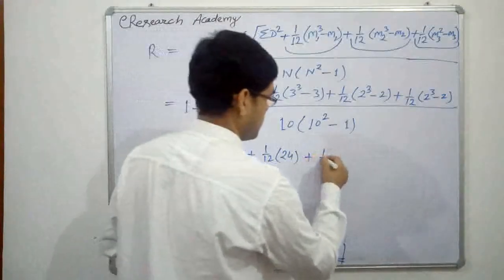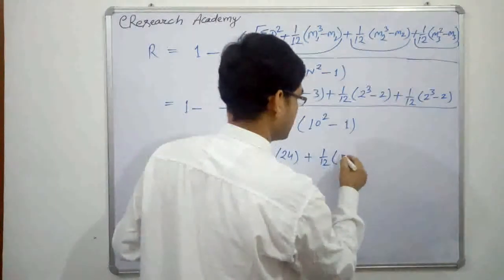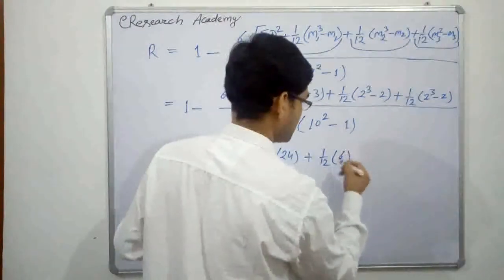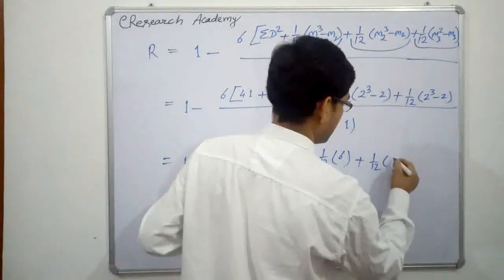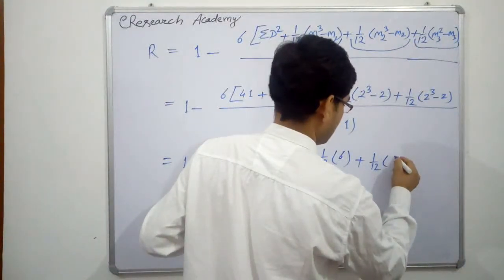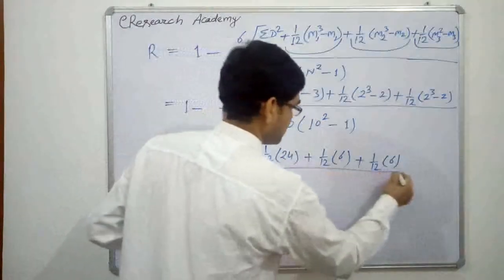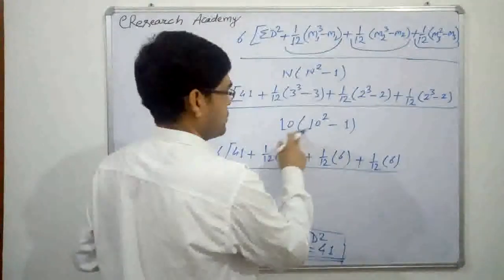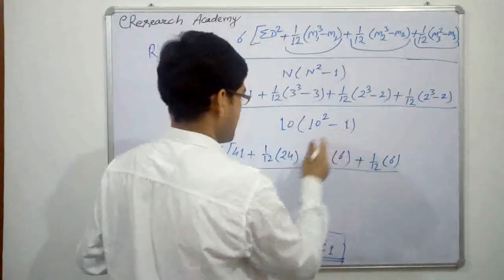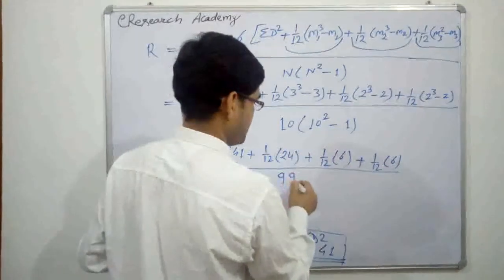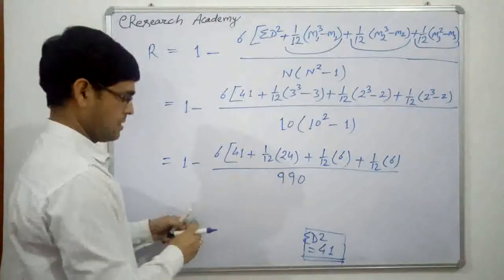Plus 1 by 12 times (2 into 2 into 2, that is 8, minus 2, 6), which gives 0.5, plus 1 by 12 times 6 again. The denominator gives you 10 into 10 into 10, 100 minus 1, 99 into 10, 990.